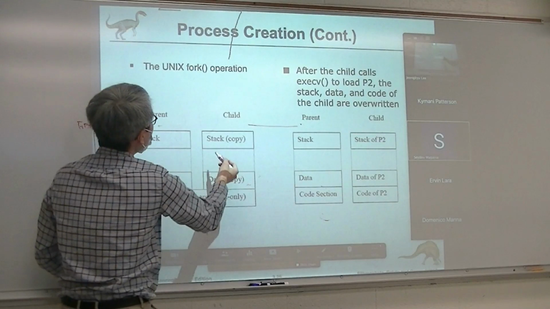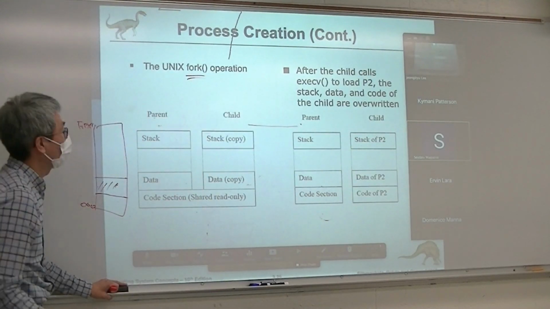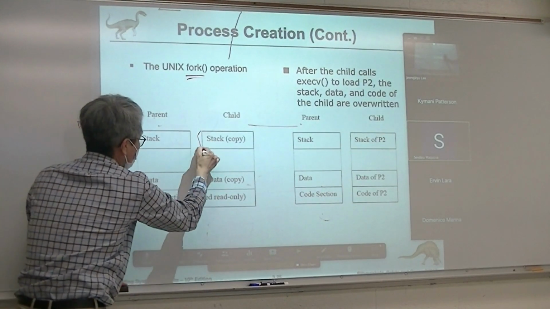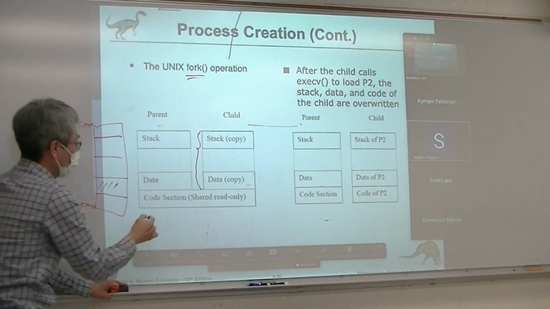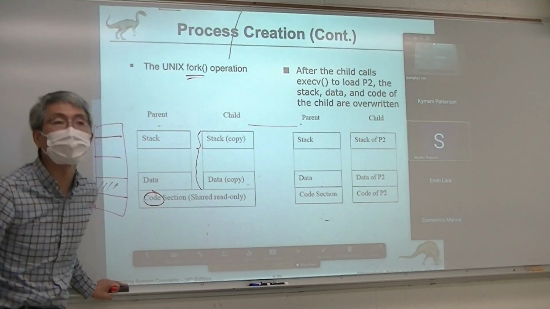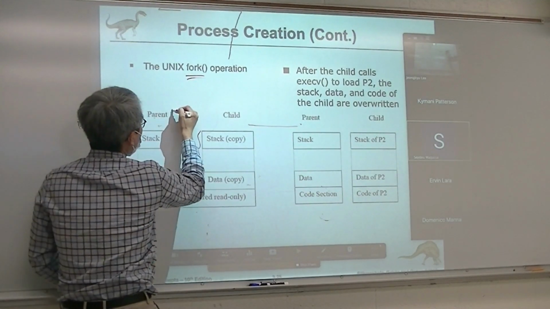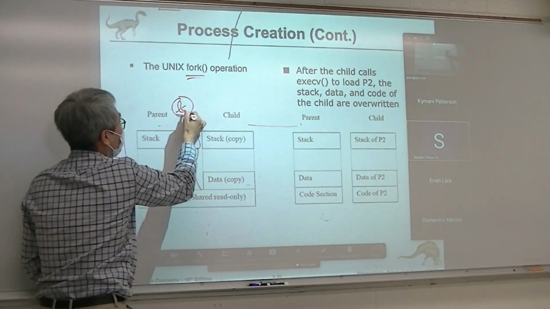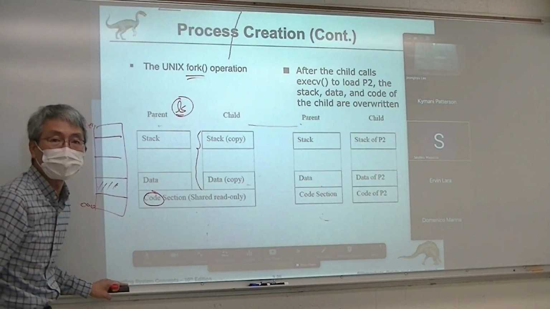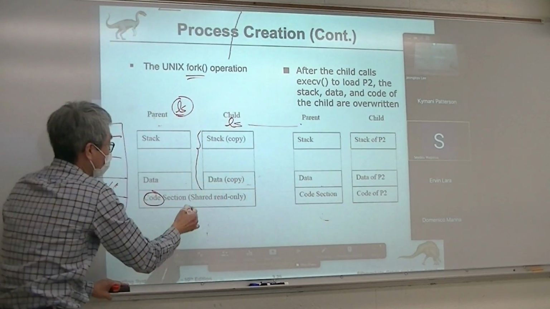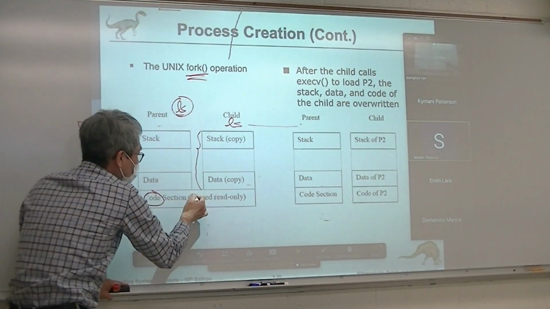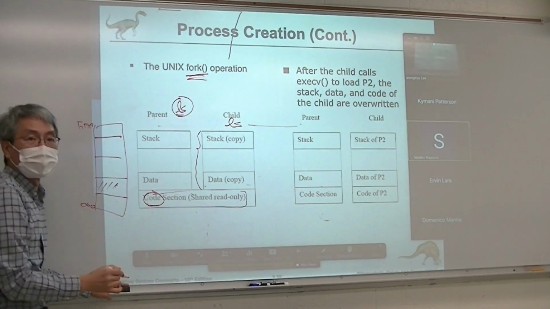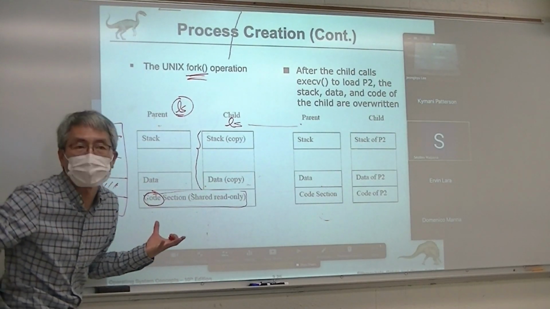Then, when you run the fork, you find the resource like this. But at that time, what is the code? It's the program. The parent runs the ls command, so we are going to create a new process for ls. This is supposed to be ls, but after fork, it doesn't have the specific code yet.